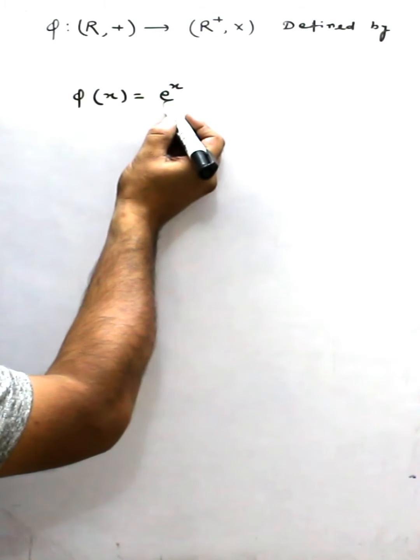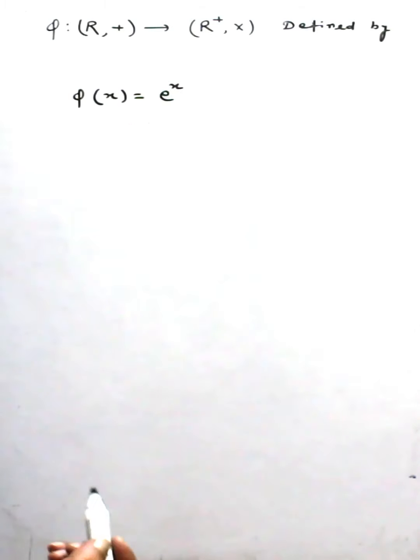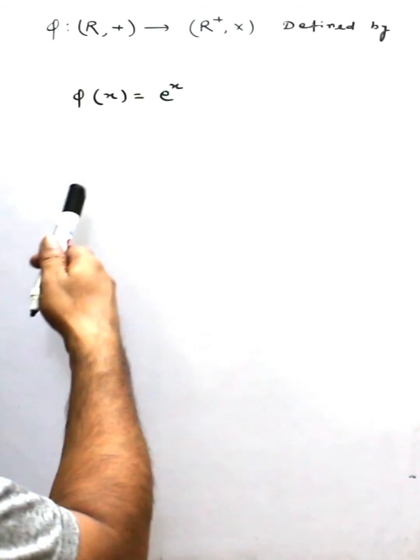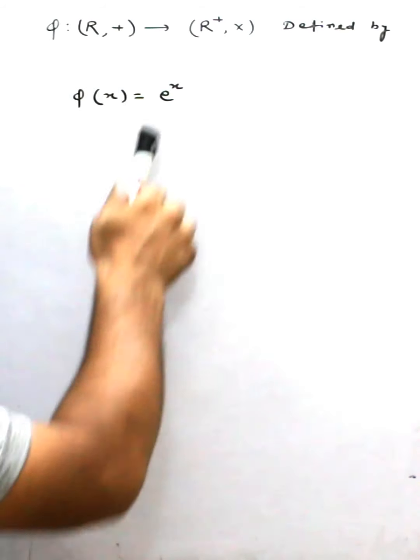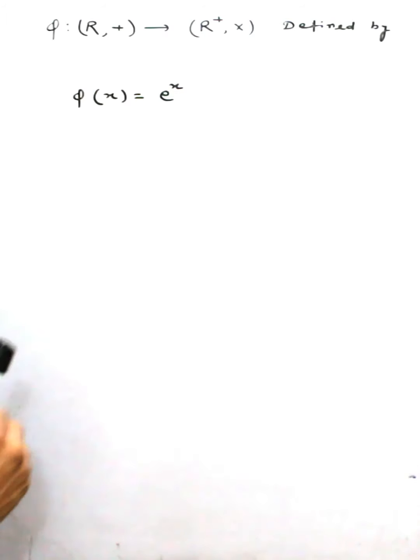Obviously e^x is a positive number for any number. If I take a negative number, still this is a positive number. So phi is well defined.